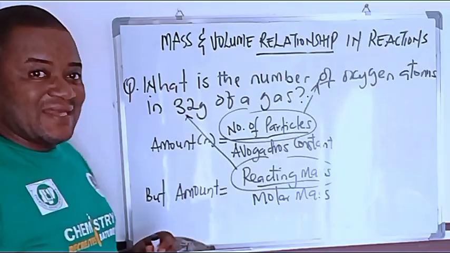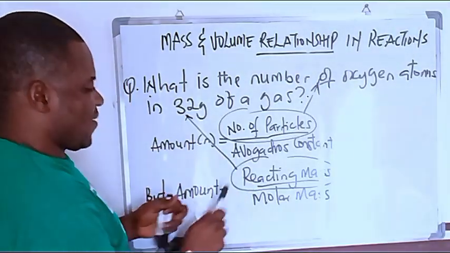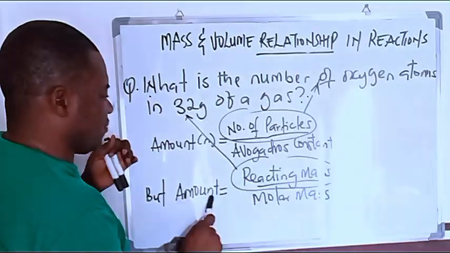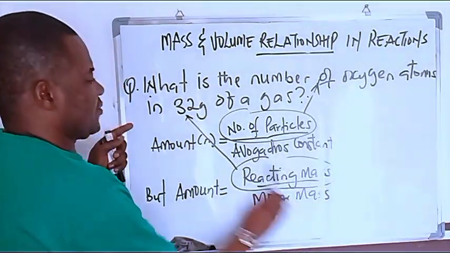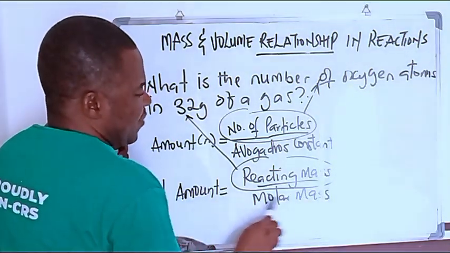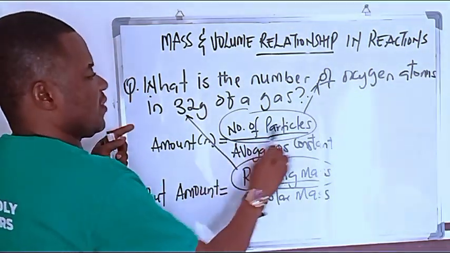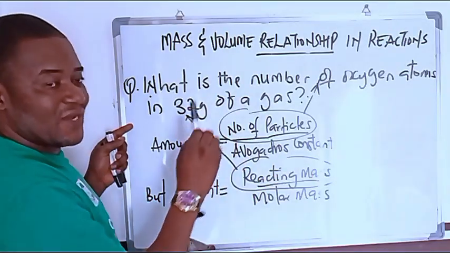Now, in that case, we are going to equate this equation with it. Remember, this is amount, so we are going to take this and substitute into this place. We will now have reacting mass over molar mass is equal to number of particles over Avogadro's constant. That's what we're going to have.